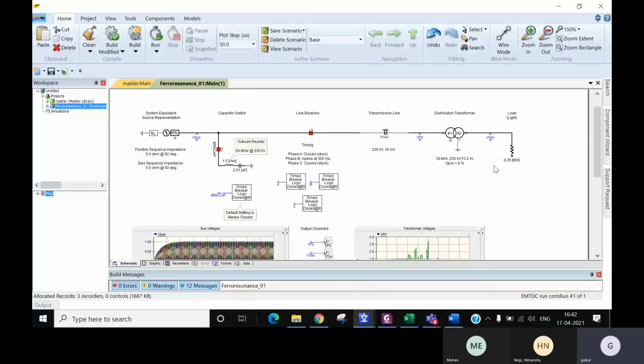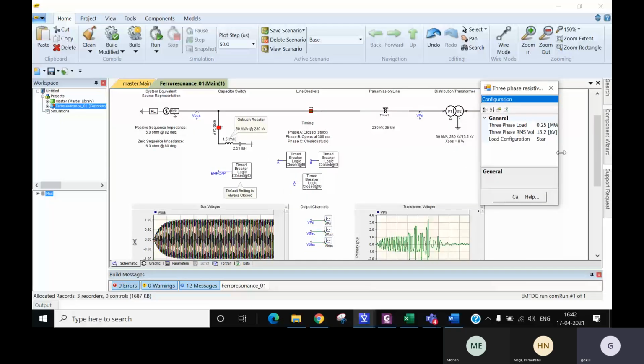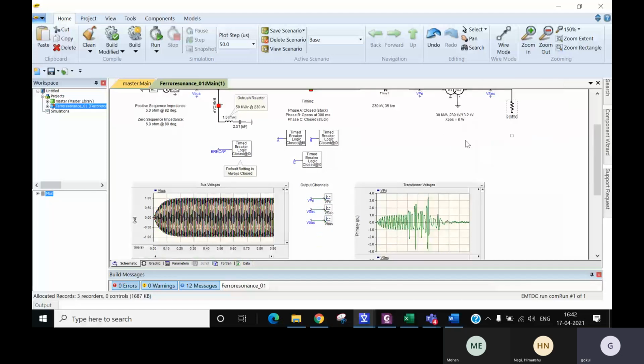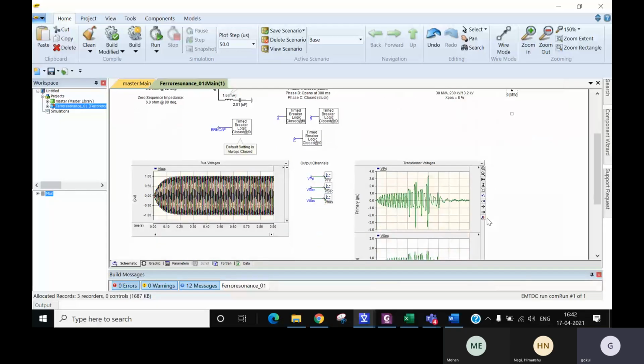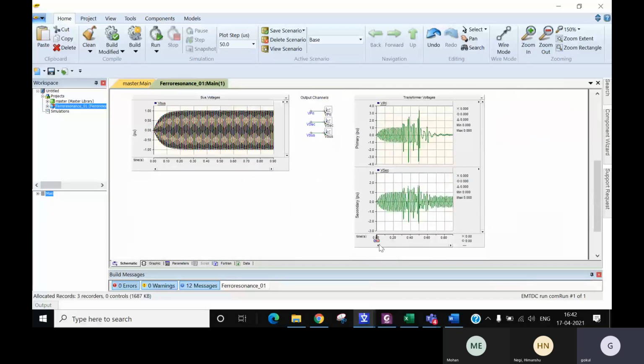We can just check that. I'll increase this to say 5 megawatt. I will not suggest this because I don't have experience on it, but for simulation purposes we can just check it and note down the value.